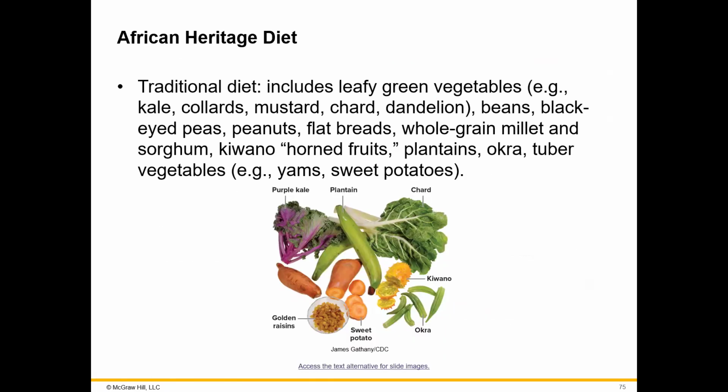And then the traditional African heritage diet. You're very popular in your leafy greens, your mustard greens, beans, peanuts, flatbreads, whole grain, plantains, okra, vegetables, sweet potatoes.